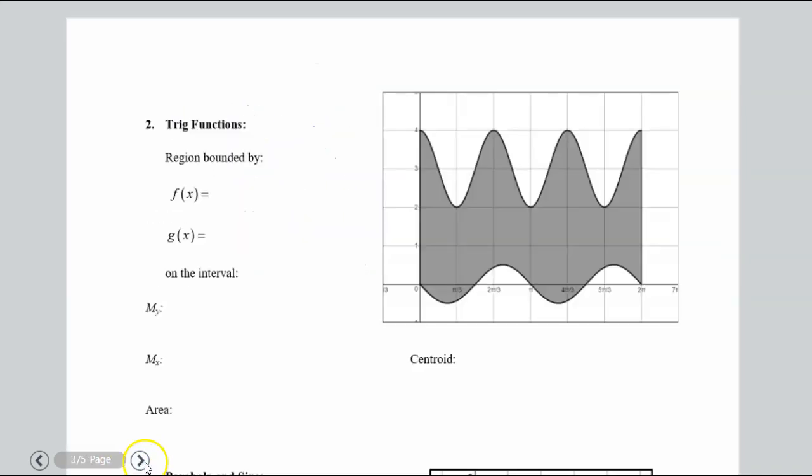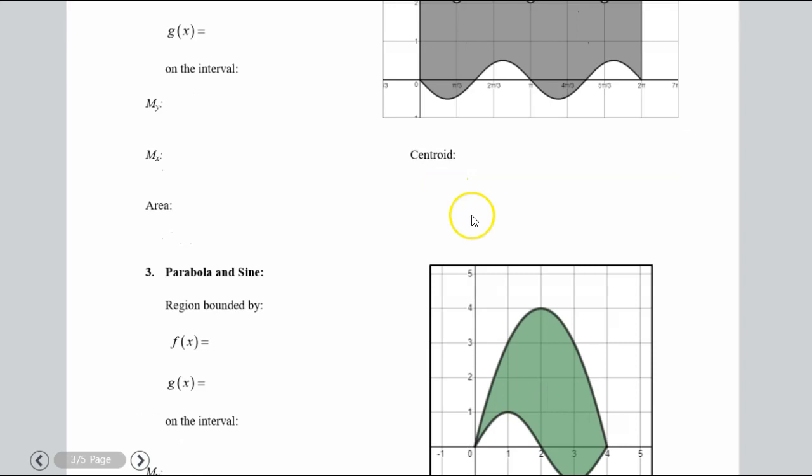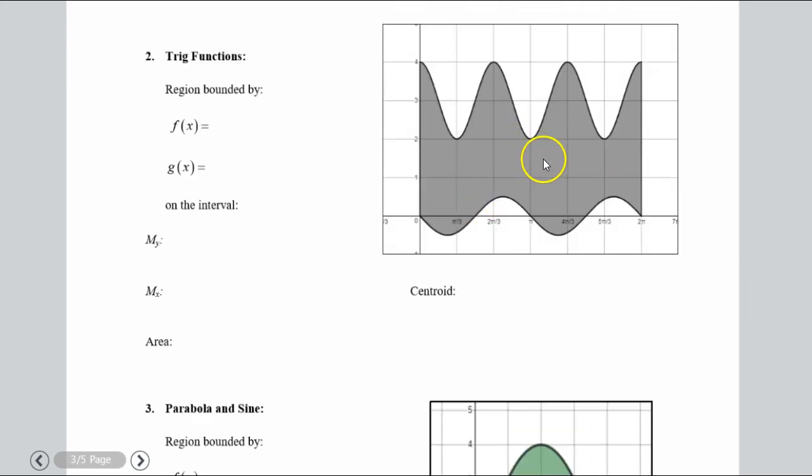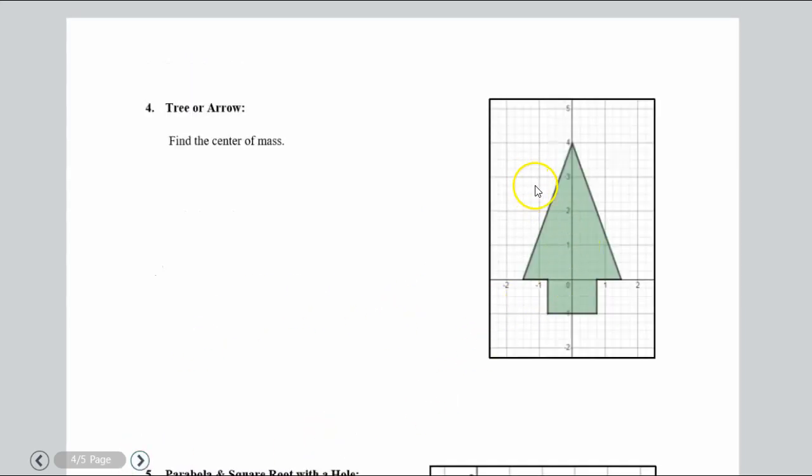There are several more problems in this worksheet, so I'm going to say try several of these. And again, you won't have maybe a physical shape for this one, but you should have for this one. It's a parabola, so I kind of give you a hint in the title. It's a parabola and a sine curve. This one obviously lines with this extra box shape right here.